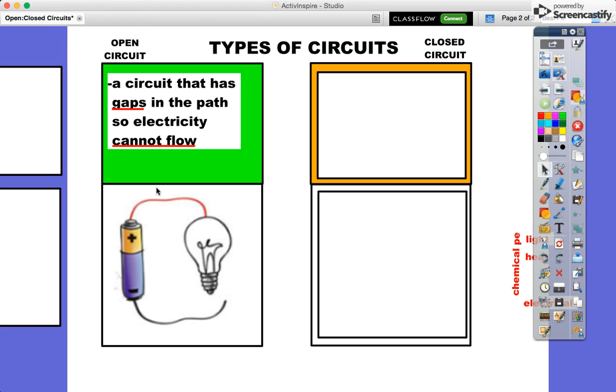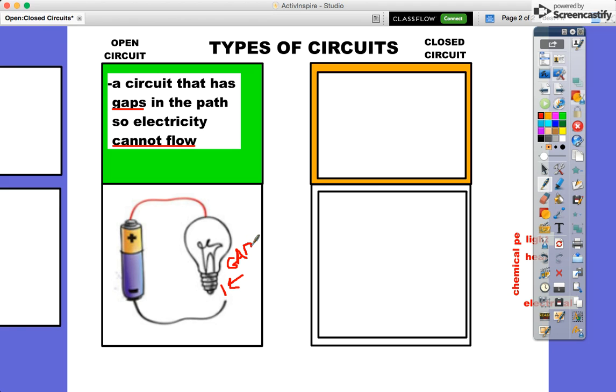But if you notice in this diagram, there are 2 wires, there's a battery, and there's a light bulb. So all of the necessary components are present. The problem is there is a gap right here. That gap causes this to be an open circuit.